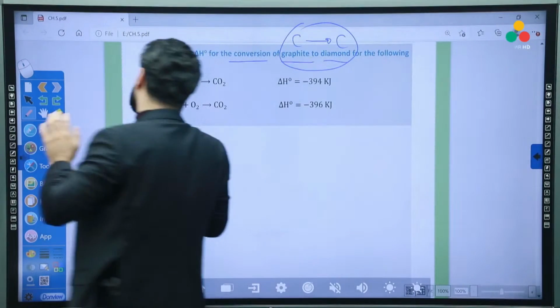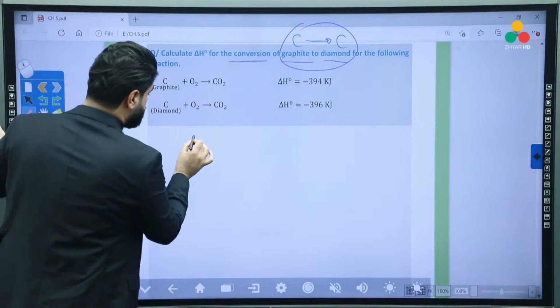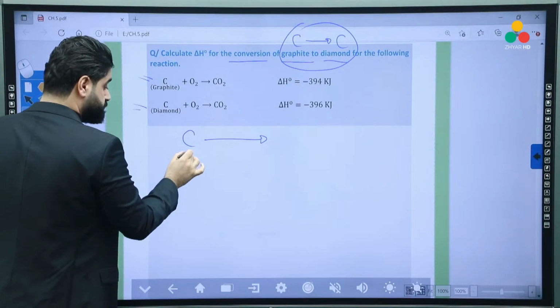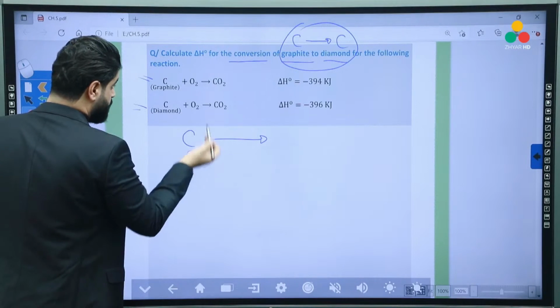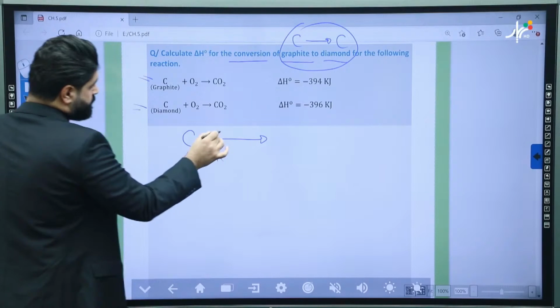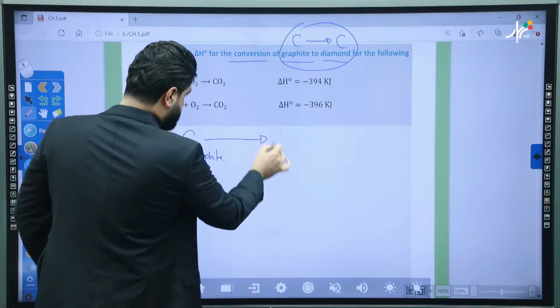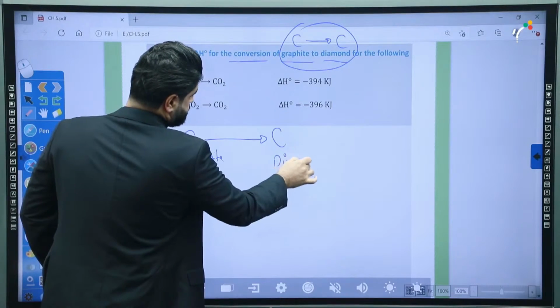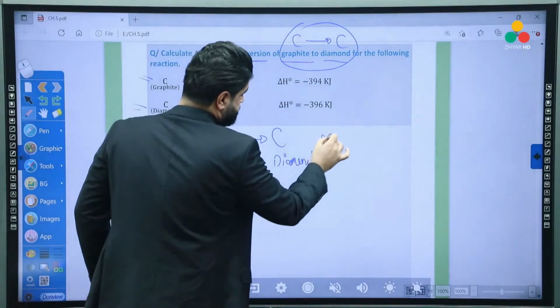So the general equation will be carbon in graphite form to carbon in diamond form, with delta H.